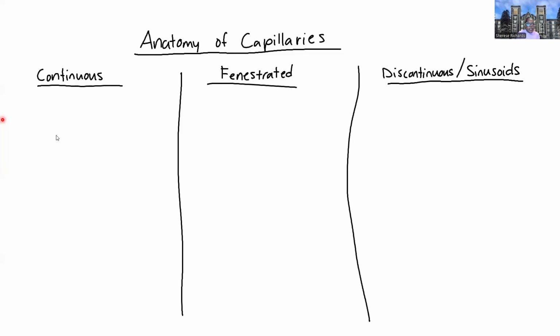So continuous will have a continuous basement membrane, hence the name continuous. And then it will have endothelial cells internally, one cell layer thick with really small, tiny pores in between.